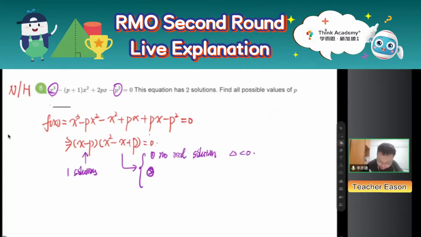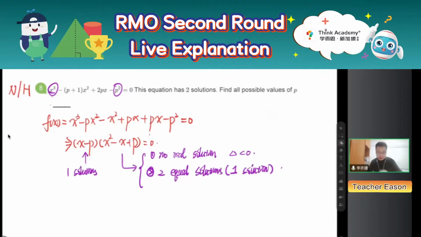And secondly, we have 2 equal solutions. Why do I write 2 equal solutions? Because in the result it's only one solution, but it's more accurate to say 2 equal solutions. Basically, the first factor has one solution, the second has one solution, so in total we have 2 solutions.